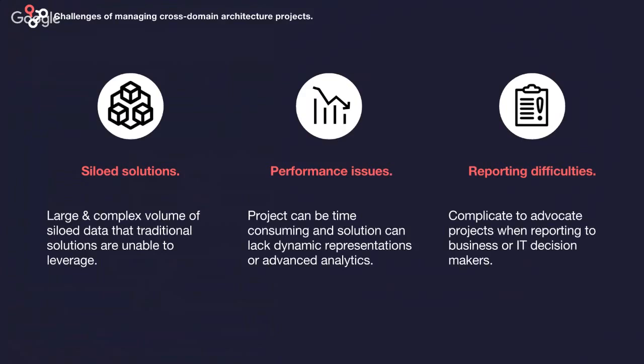As we've mentioned, architects need to follow a holistic approach to build architecture models. But most of the time, each domain's information is scattered in siloed tools, and traditional technology like relational databases are not able to leverage that information.